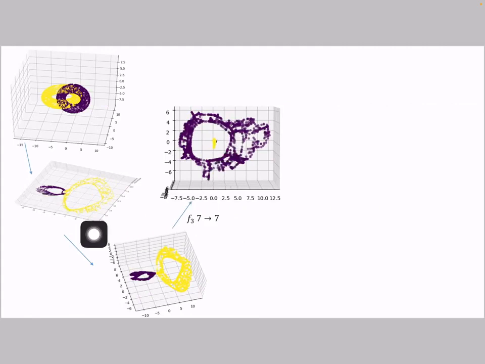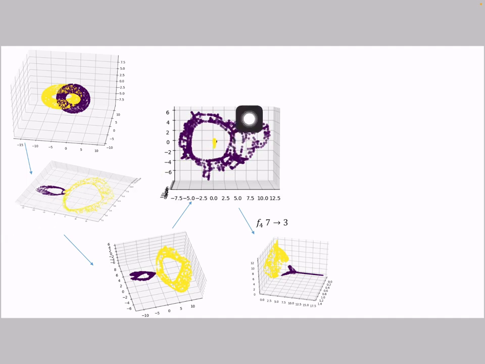The same thing if I consider the next map, the neural network is quotienting parts of the manifold. So here the yellow part has been quotiented to almost a point, and the other part is still a torus. But this is not going to be the case for long. Everything is going to be quotiented out to as small a space as possible, because it's not needed as far as classification is concerned.